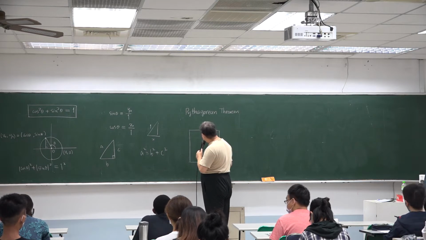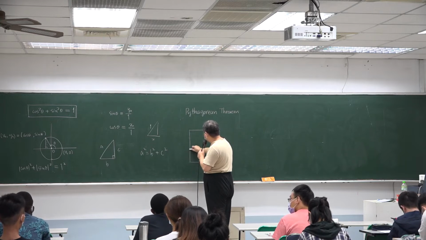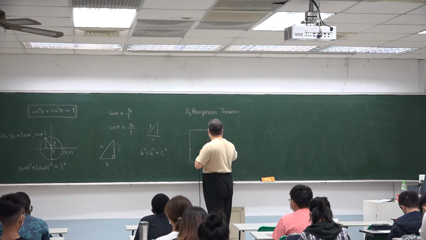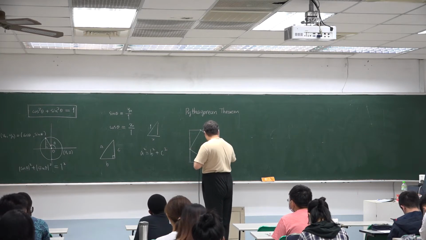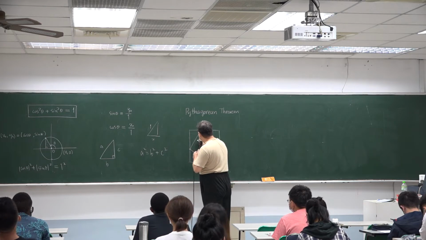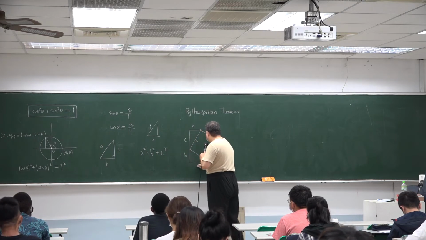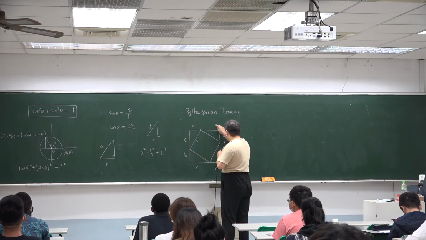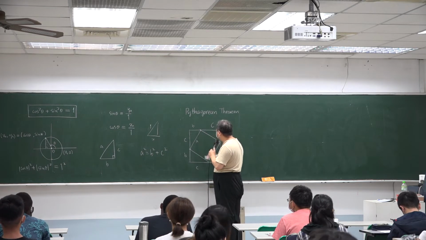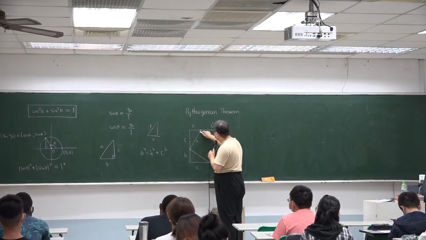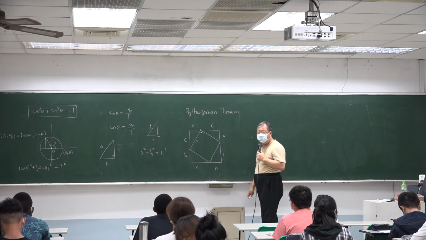The big square is constructed by... okay, so this is A and this is B, C, B, C, B, C, B and C. Because the sum of these two angles is half pi, and this is pi, so this is a right angle. Inside is also a square.